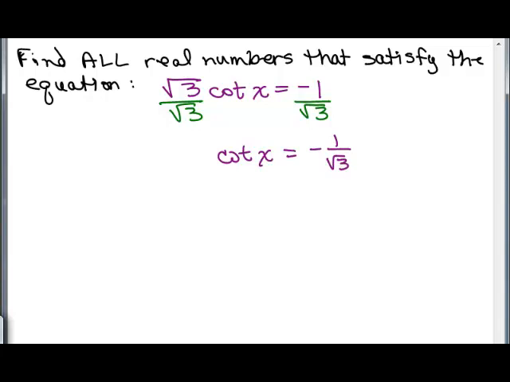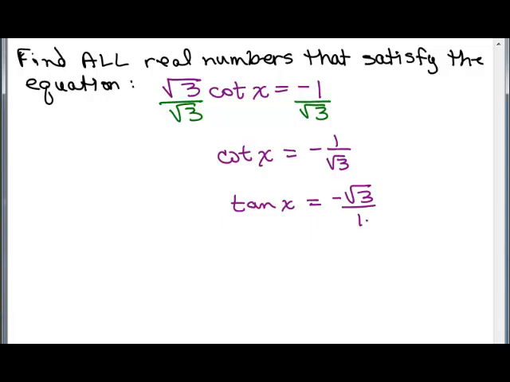And I like personally to think in terms of sine, cosine, and tangent. So if I take the reciprocal of both sides, in other words, if the cotangent is -1 over square root of 3, the tangent of x is negative square root of 3 over 1, which you could write as just negative square root of 3. It's up to you whether you want to write it as negative square root of 3 or negative square root of 3 over 1.